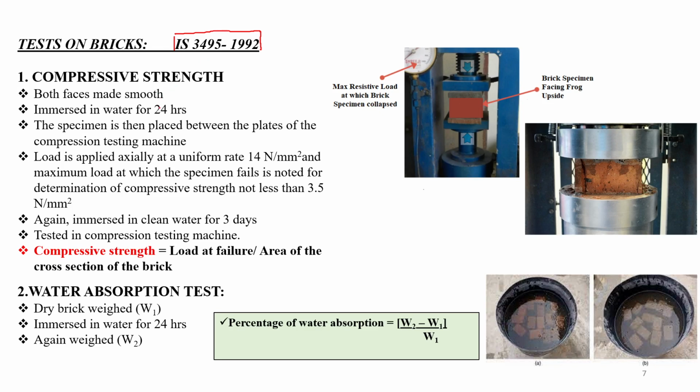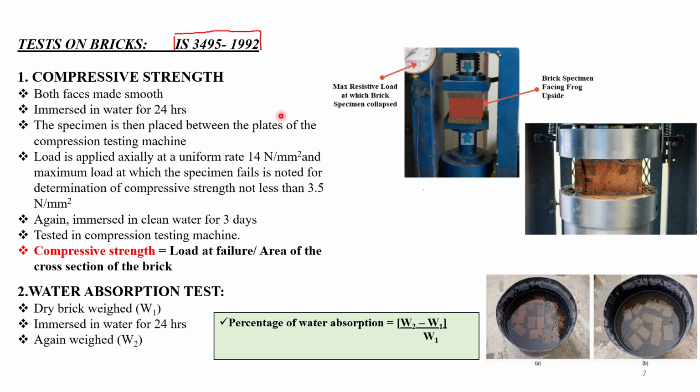Actually, for the compressive strength test, generally we conduct it on some samples, so a minimum of 3 samples we have to test. We will put the brick in water for 24 hours, and after that we will fill the frog.